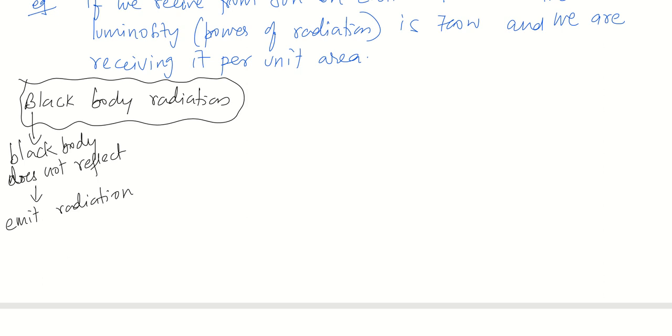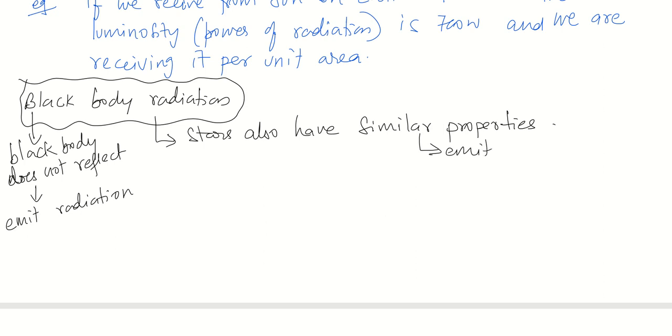This is a technical understanding of a black body. Now stars also have similar properties. The property is that it also emits radiation. And because it emits radiation, we treat them as black body.